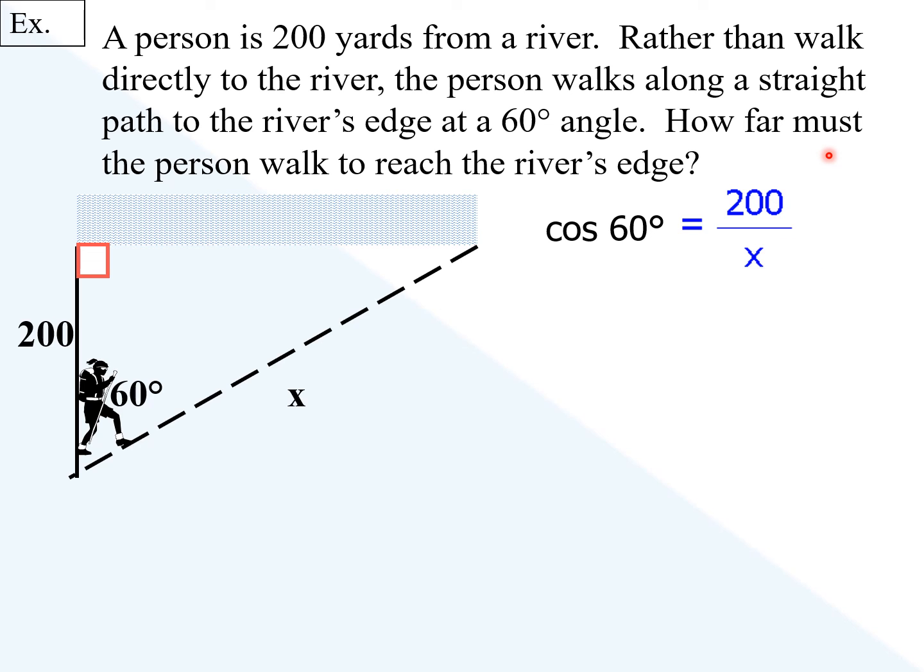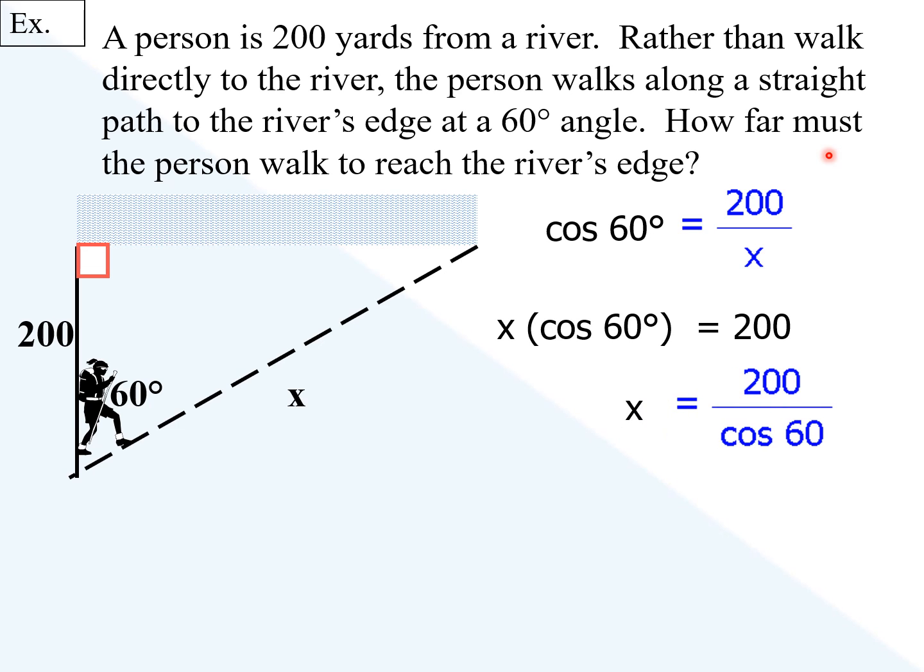From here, we cross multiply, and then we divide both sides by cosine 60 degrees. So we get x equals 200 over cosine 60 degrees. Using the calculator, x is equal to 400 yards.